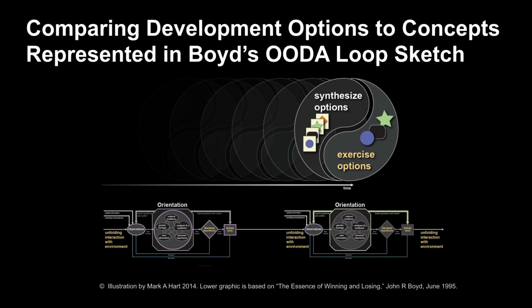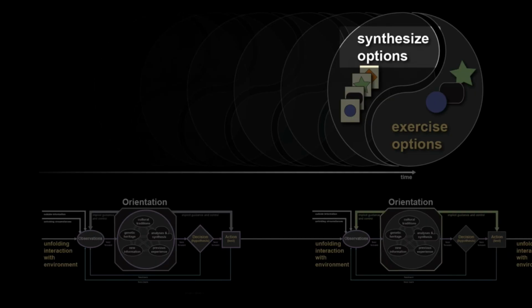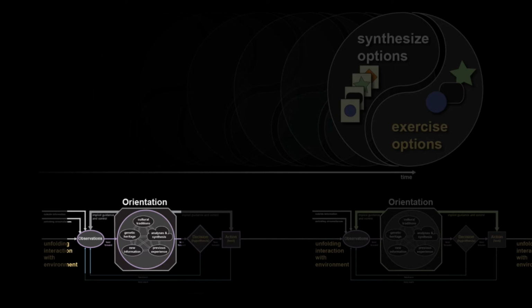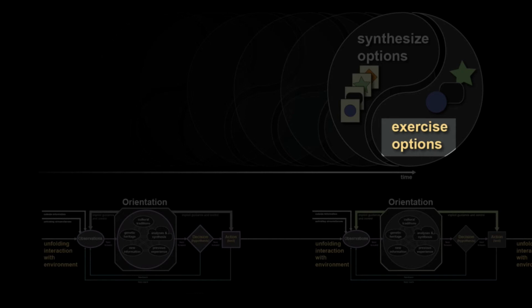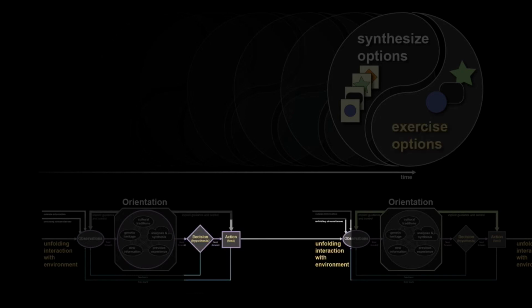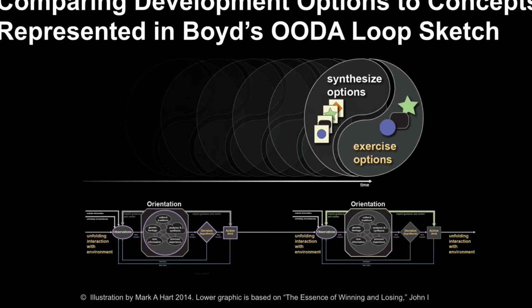Concepts related to development options have similarities with concepts represented in John Boyd's OODA loop sketch. The concept of synthesizing development options is similar to the observation and orientation items represented in Boyd's sketch. The concept of exercising development options is similar to the decisions, action, and unfolding interaction with environment items represented in Boyd's sketch.